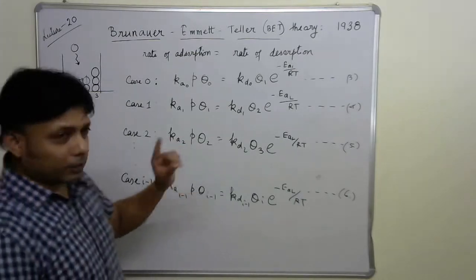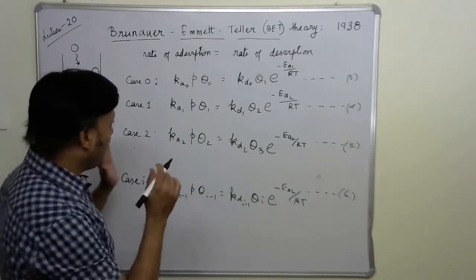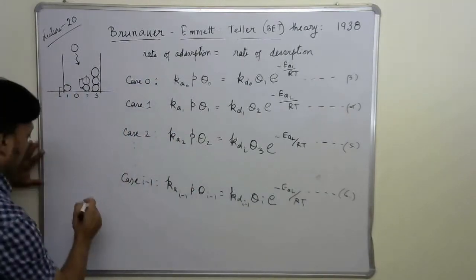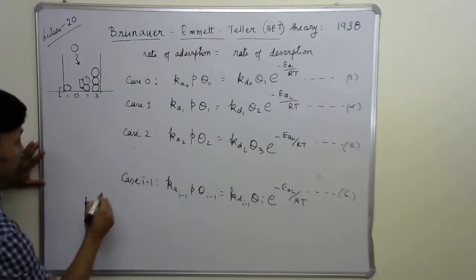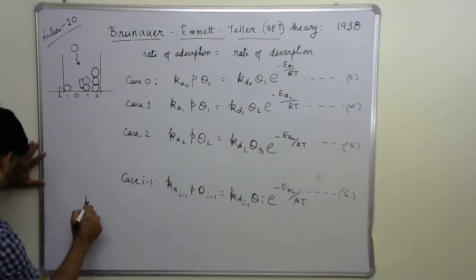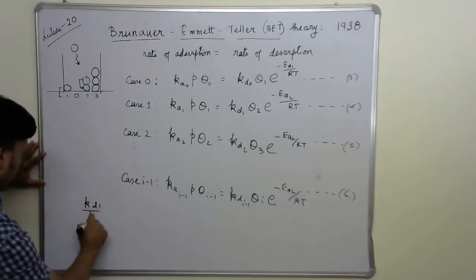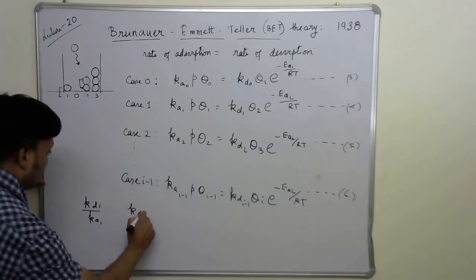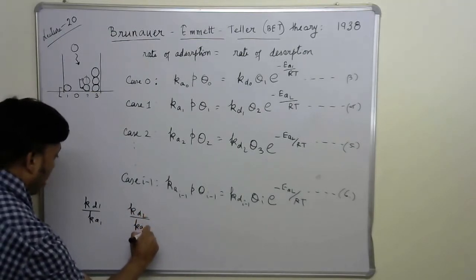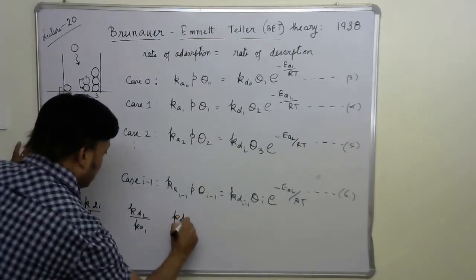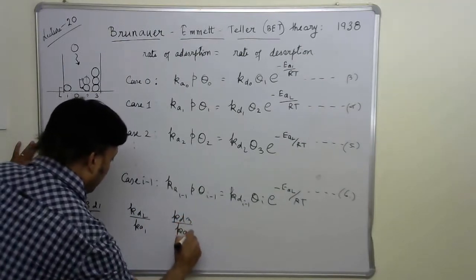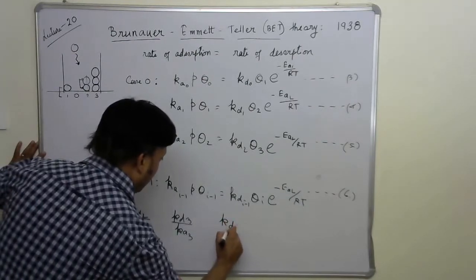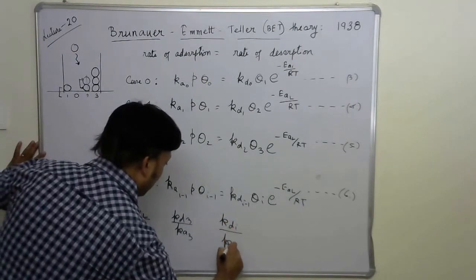Before we go further, we must appreciate one more thing from this set of equations, that is, if we take the ratios of say Kd1 divided by Ka1, versus Kd2 over Ka2, versus Kd3 by Ka3, and similarly Kdi versus Kai.